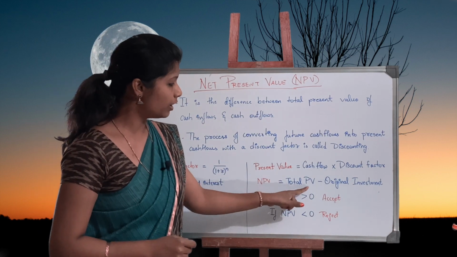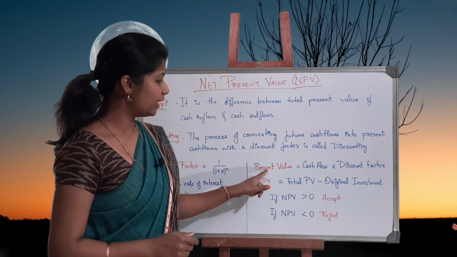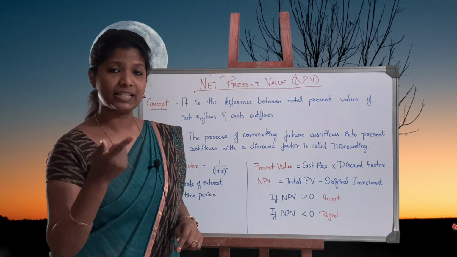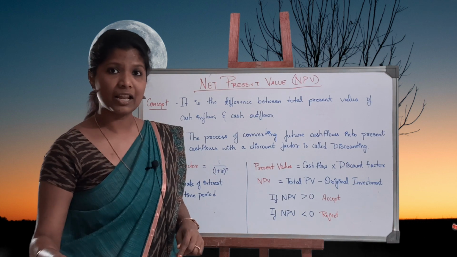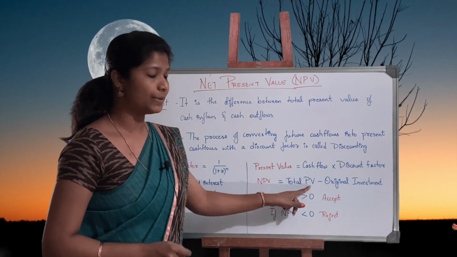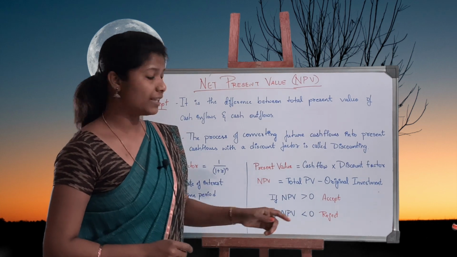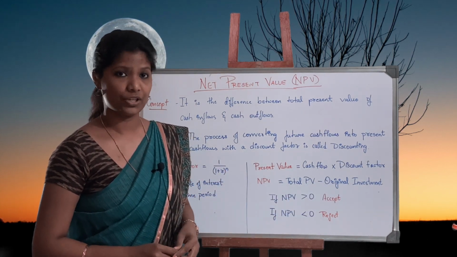That is total present value minus your original investment. Once you total the present value of all the years, first, second, third, whatever the entire life of the asset is, it becomes the total present value. I'm going to subtract the original investment from that value, which will be given in the question.